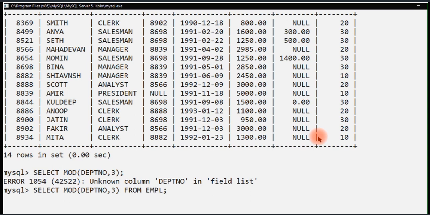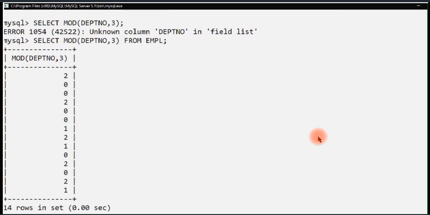So always when you are using the mod function, don't forget to give the table. The name of the table is EMPL. So now I have written here from EMPL because MySQL was searching where is department number. It is available in EMPL, so I have written the table name, and this way I have got the output.